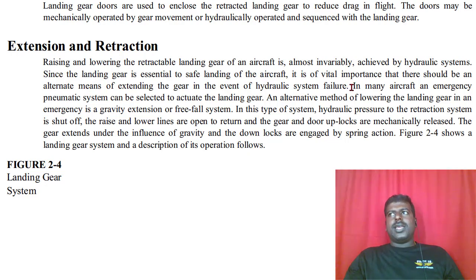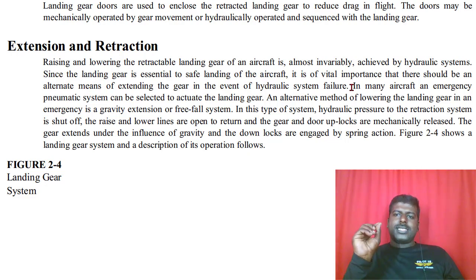Okay, actually this landing gear movement can be hindered if there are some errors in the hydraulic systems. So in case of some emergency, if the hydraulic system fails, some system should be there to overcome the hydraulic failure and to activate the landing gear extension or retraction.